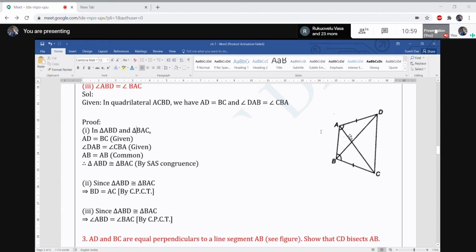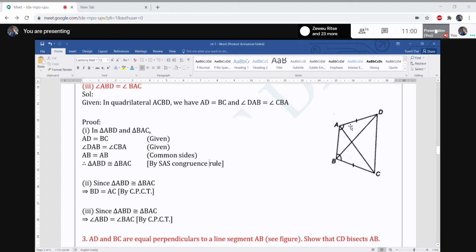Okay, then DAB and CBA are equal. And both are on the same side, on the same base, so we can write AB equal to AB, right, because they are on the same base. So what we can write, ABD and BAC are congruent by SAS congruence rule. Fine. This part is easy.